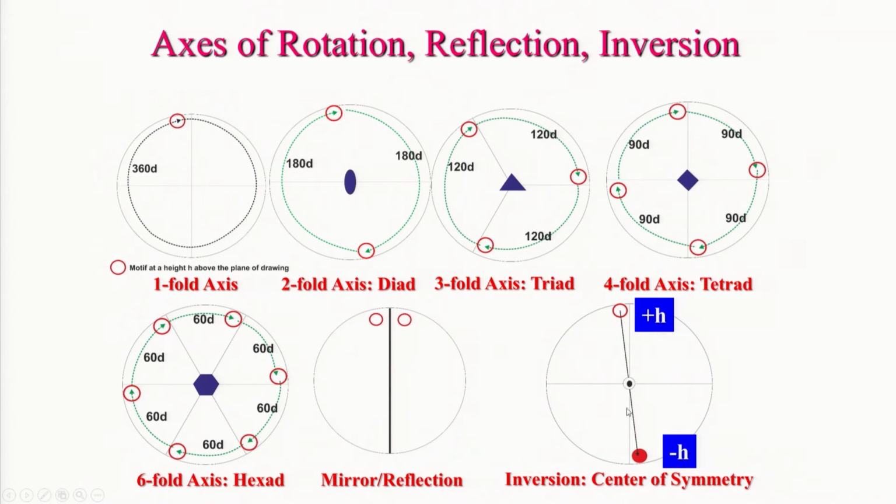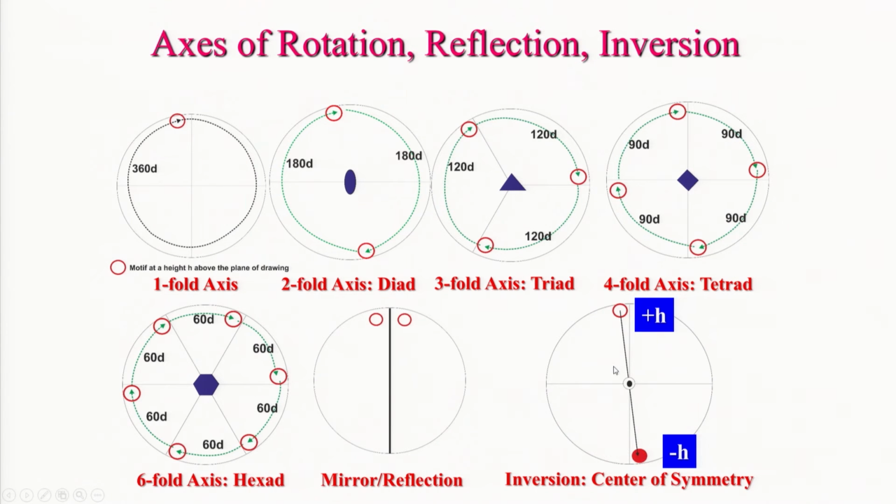That means it is going below the plane of drawing and it comes here at the same distance. That means it will also be lying at the same value h, but now it will be at a height h below the plane of drawing. And to show that this is the projected position of that motif lying at a height h below the plane of drawing, I have used a closed symbol here.